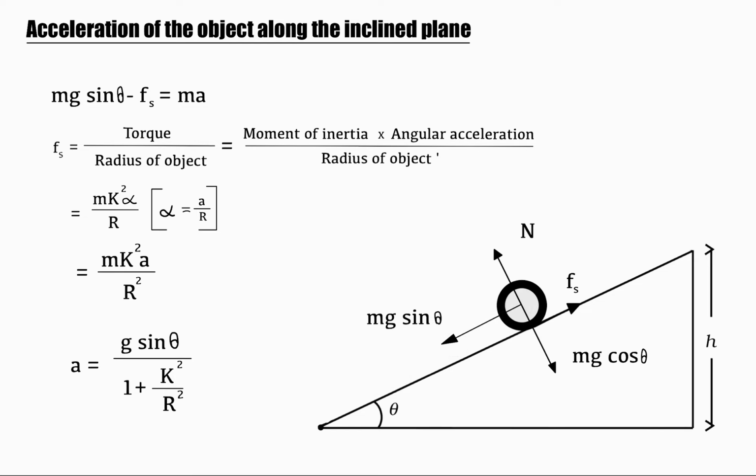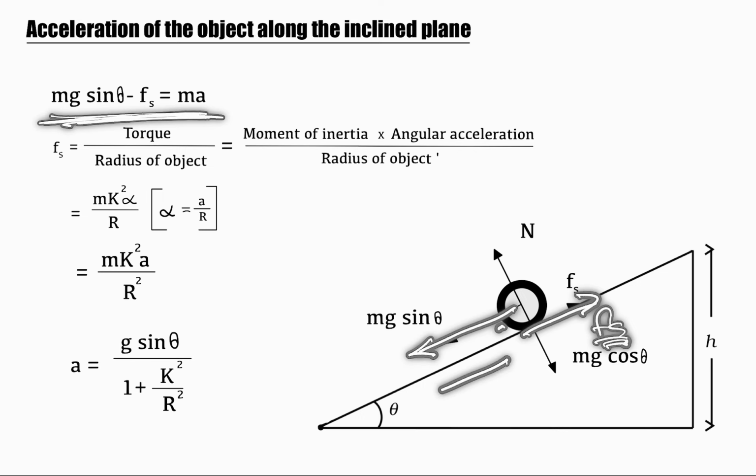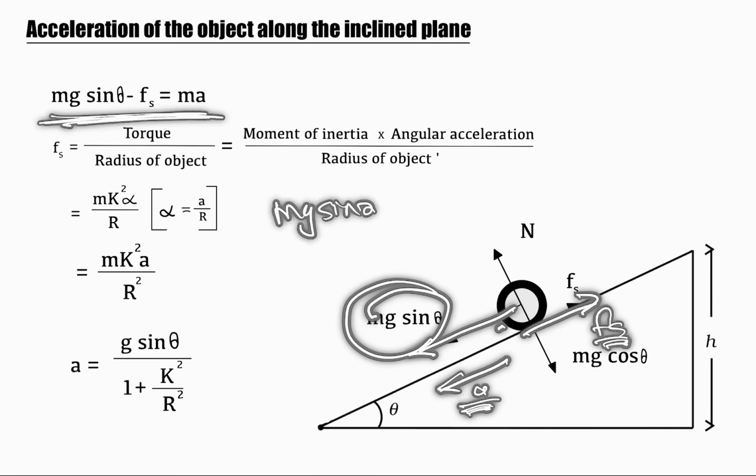First we consider the translational motion. So mg sin theta minus fs is equal to ma, where fs is a resisting force acting in the opposite direction. The net force will be equal to mass into acceleration.